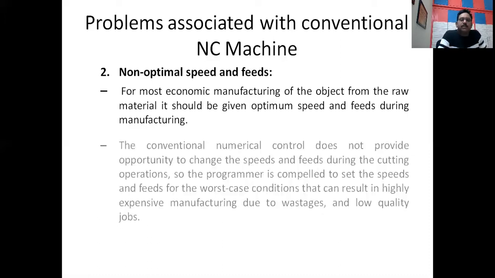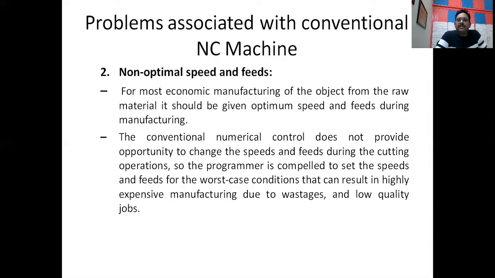Here the problem is that the conventional numerical method does not provide the opportunity to change the speeds and feeds during the cutting operations. So the programmer is compelled to set the speeds and feeds, even for the worst-case conditions. Whatever speeds and feeds are given in the instruction have to be followed.